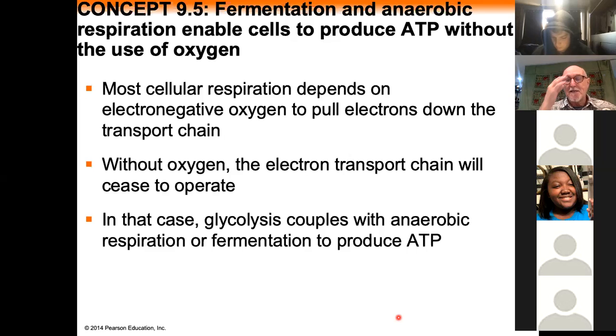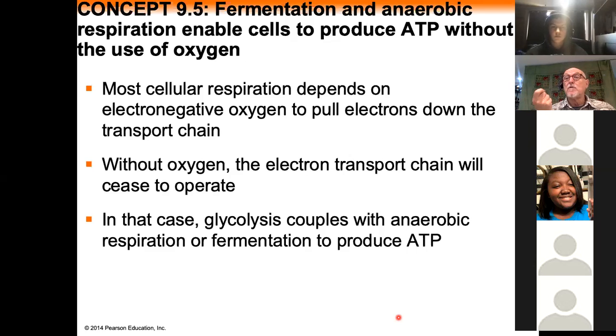But what we need to understand is that that whole electron transport chain is operating because at the end of it is a very powerfully electronegative atom, which is oxygen, and it's effectively pulling all of those electrons all the way through that transport chain. Along the way, the electrons lose potential energy. They donate that energy to systems which pump the protons. So the whole efficient cellular respiration system works because we have oxygen at the end.